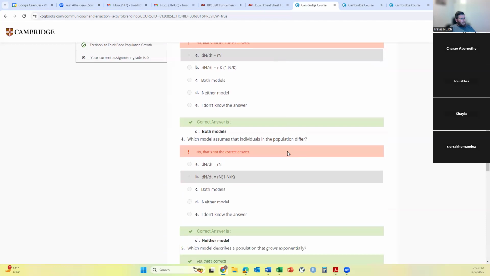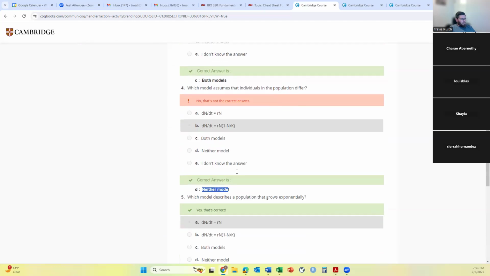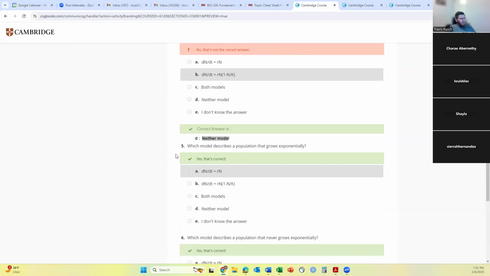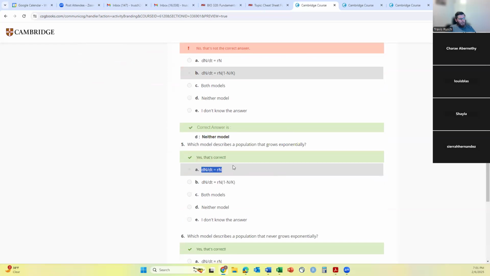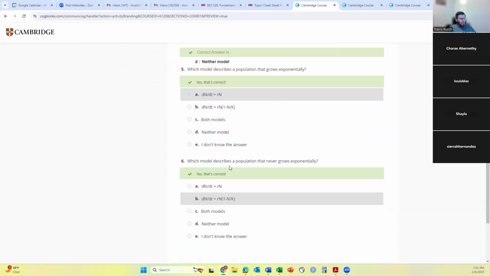So which models assume individuals in the population differ? So that's just the opposite, right? The correct answer is neither model. And then which model describes a population that grows exponentially? I mean, that's going to be the exponential model, but I really don't like how they set this up because the next question asks which model describes a population that never grows exponentially.